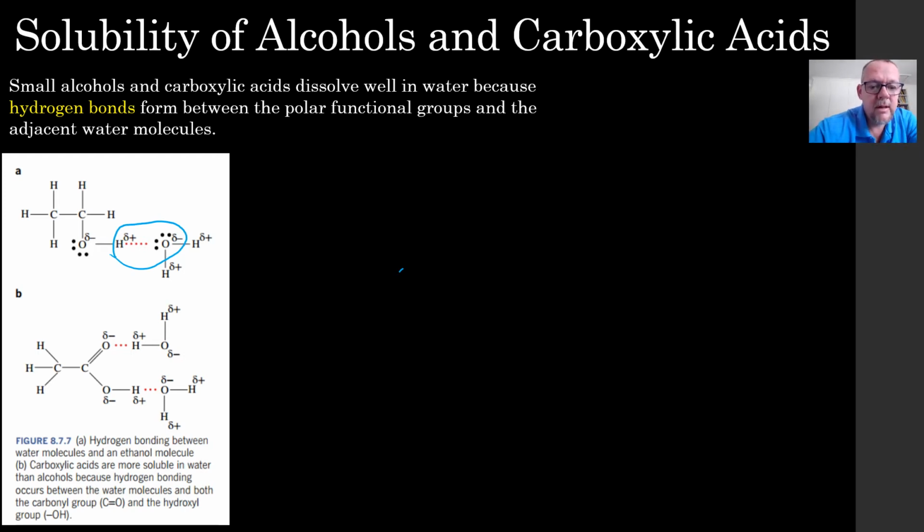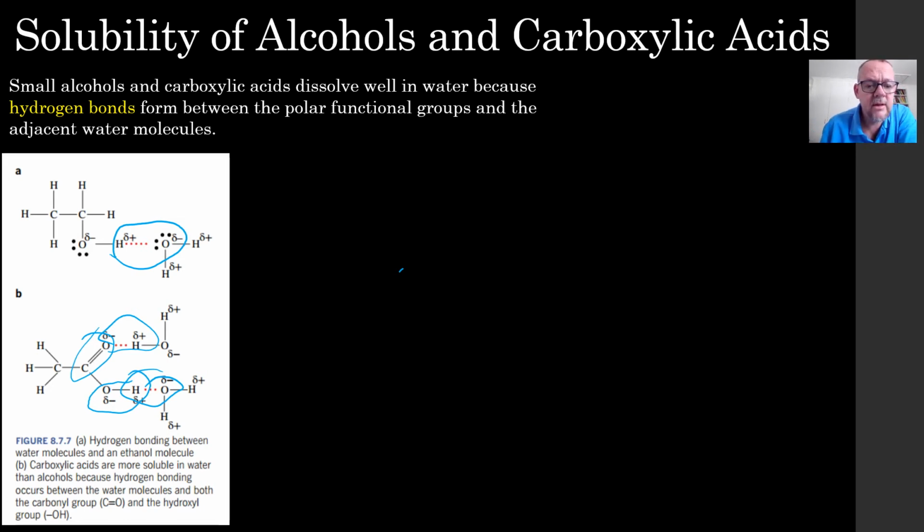So carboxylic acids are more soluble than alcohols because the hydrogen bonding occurs between the water molecules and the carbonyl group as well as the hydroxyl group. So here's our carbonyl group, and here's the hydroxyl, and here's the hydrogen bond. Here's the hydroxyl group, and here's the hydrogen bonding. And you can see that we've got a couple of hydrogen bonds forming for each carboxylic acid.